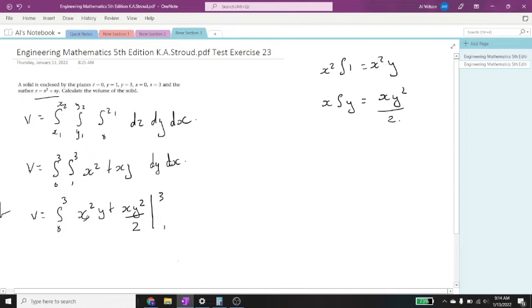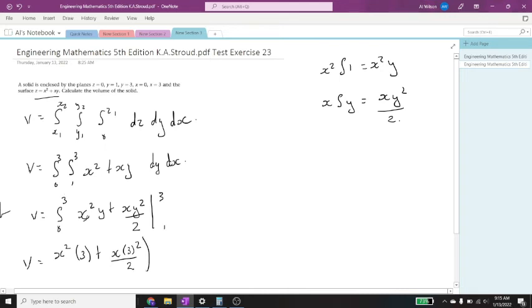Now, due to space, let me see how I could write this here. So V, remember that these are actually y values we're making use of. Keep that in mind as we go ahead. So we have x squared, and y being equal to 3 as the upper limit, plus x times y equal to 3, squared, divided by 2.